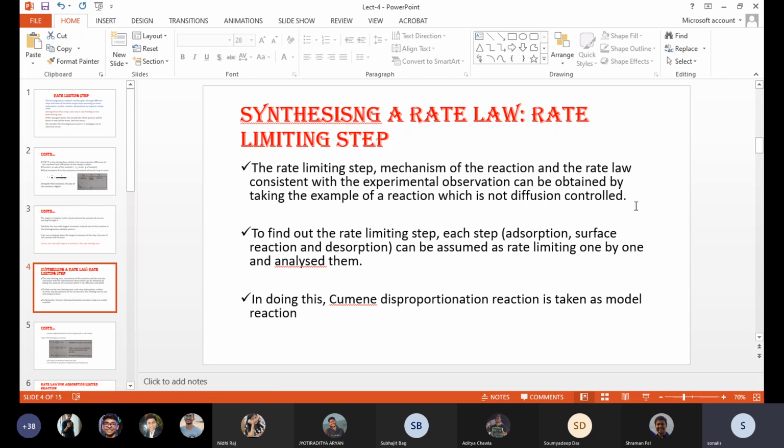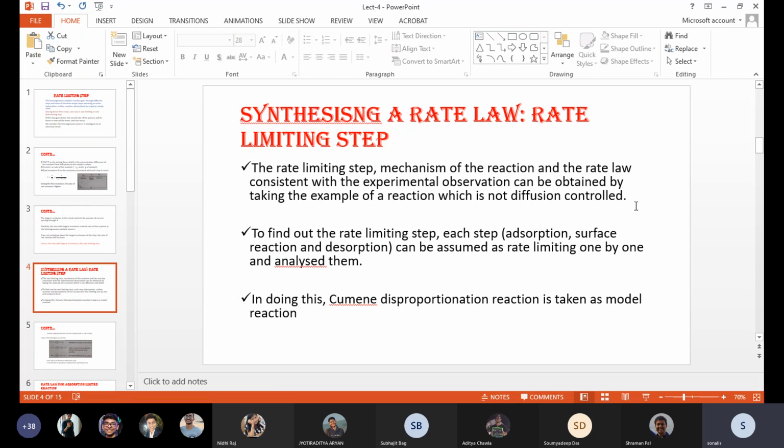So to find out the rate limiting step, each step, adsorption, surface reaction and desorption, can be assumed as the rate limiting step one by one and analyzed. As we have three steps in our hand, which one is rate limiting we do not know, but depending on the rate limiting step, we have to write the rate equation.